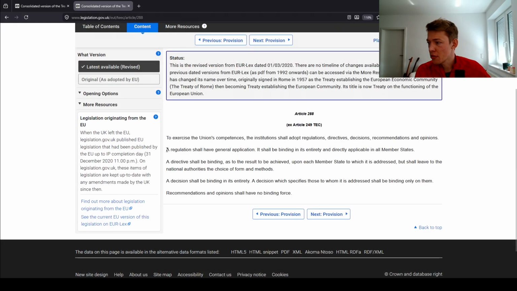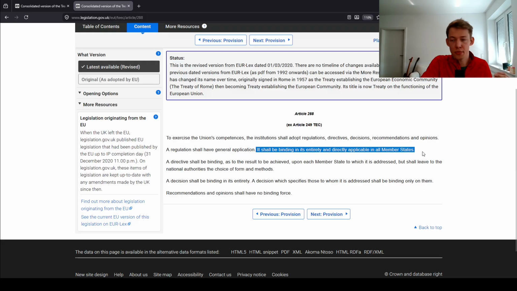Because paragraph 2 reads, a regulation shall have general application. It shall be binding in its entirety and directly applicable in all member states. So there's 3 things basically. The regulation has general application, it's binding in its entirety, and it's directly applicable in all member states.